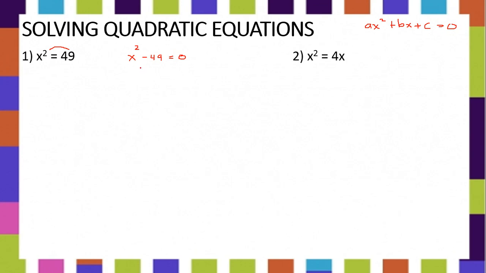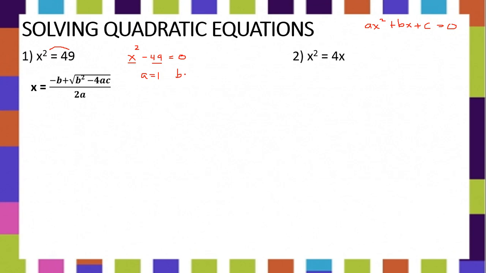Ayan, naayos na natin. Ito na yung ax squared, bx plus c. Wala nga lang yung bx natin. Ang meron lang dito ay yung ax squared, tapos yung c. Applying the formula, ang a natin is equal to 1.